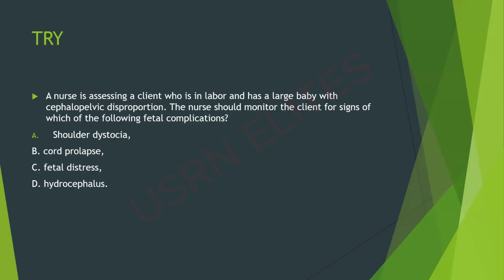The nurse should monitor the client for signs of which of the following fetal complications: shoulder dystocia, cord prolapse, fetal distress, hydrocephalus. Boss, the answer is already highlighted. Don't be deceived. Anyway, so you are going for A, shoulder dystocia, right? Yes, I was.